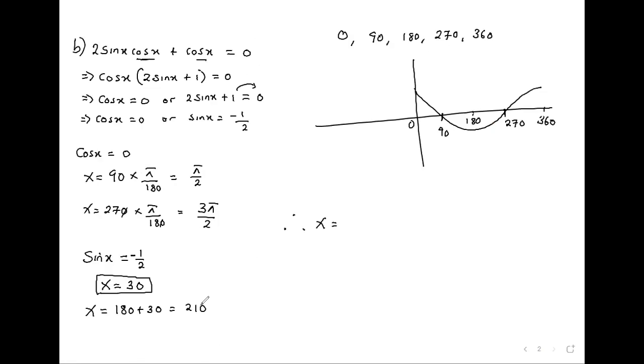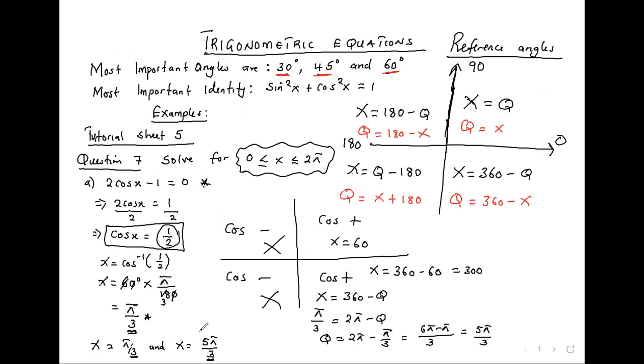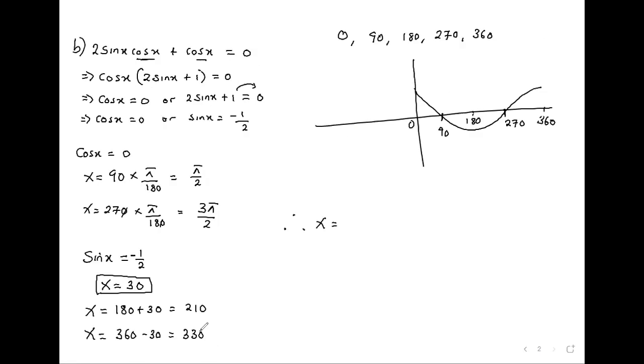And then in the fourth quadrant, you have 360 minus 30, which is equal to 330, since we said we subtract to get the angle that lies in that quadrant if we are coming with the reference angle. Then we change now to radians. So we have 7 pi over 6 here, and here 11 pi over 6.